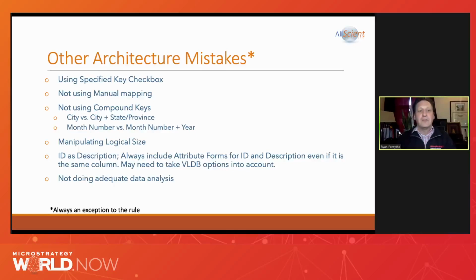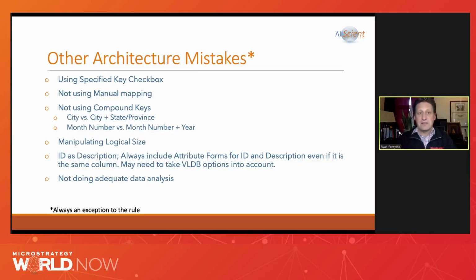And so using the specified key checkbox is basically unchecking that and making sure it will do an aggregation as well as a couple of other things in there to do it. But if you have your keys correct, then you really shouldn't use that, specified key check, unchecking that one.